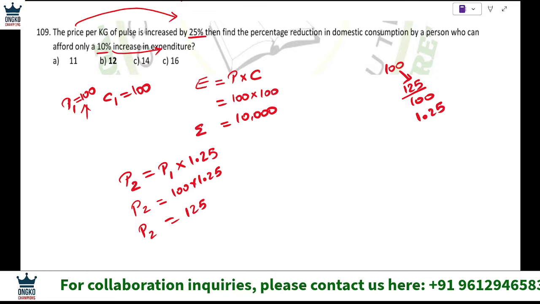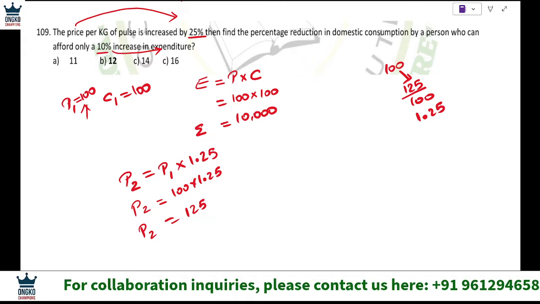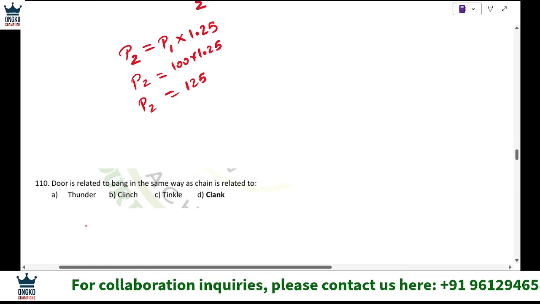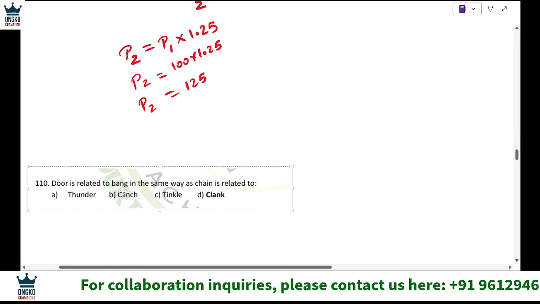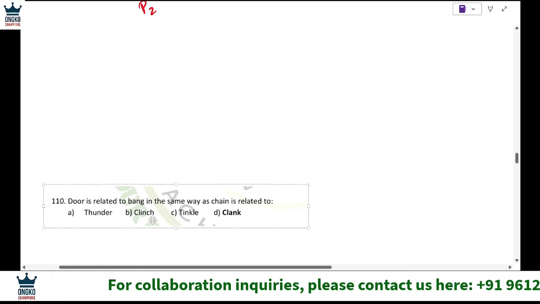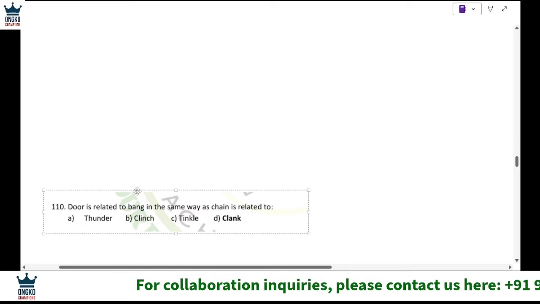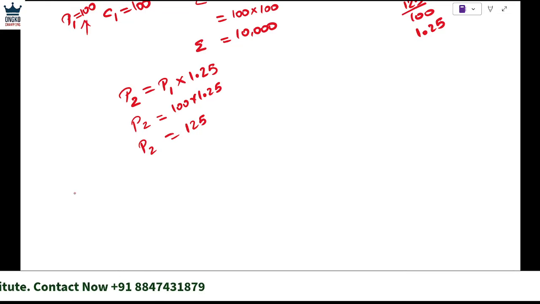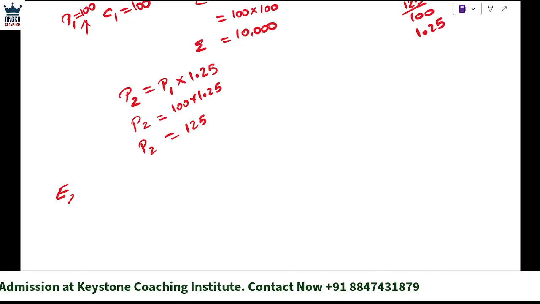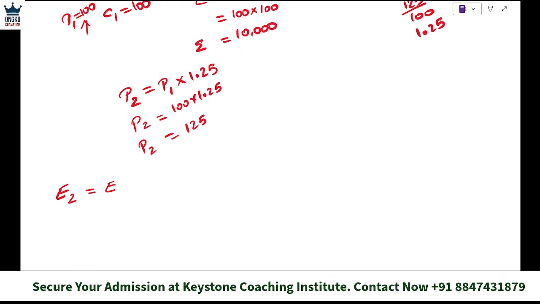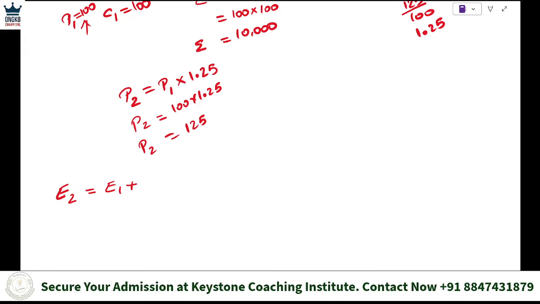Now again the question says the person can afford only a 10% increase in expenditure. So the new expenditure E2 will be expenditure 1 plus 10% increase.